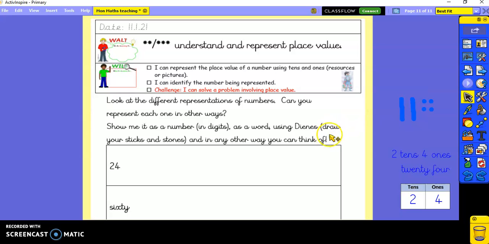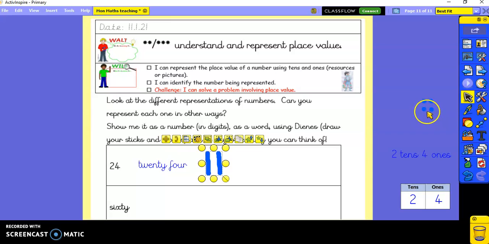So let's have a look at what your sheet will look like today. So it says, look at the different representations of the numbers. Can you represent each one in other ways? Show it to me as a number in digits, as a word, and using Deans and any other way that you can think of. So the first one is the number 24. Now I've already got it as a digit, so I would need to do it as a word next, 24. I would need to draw it with my sticks and my stones.